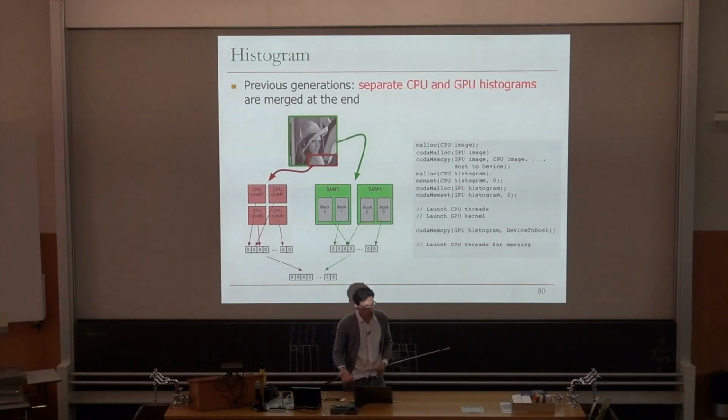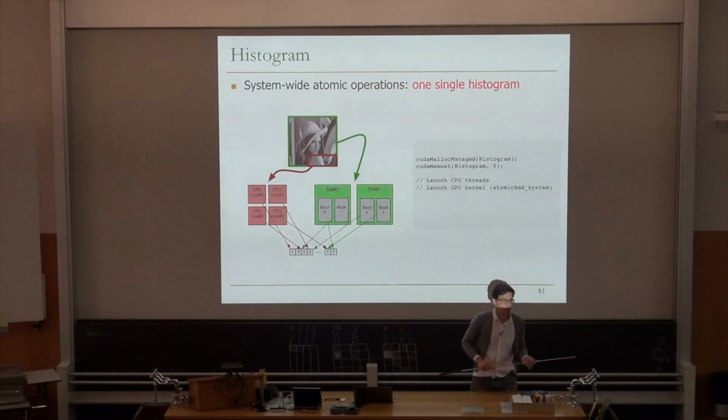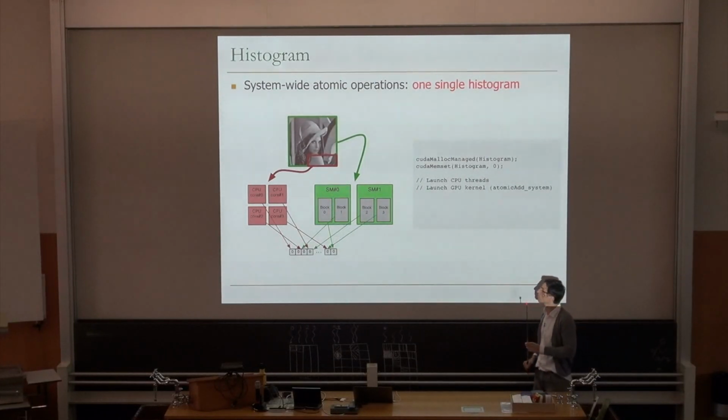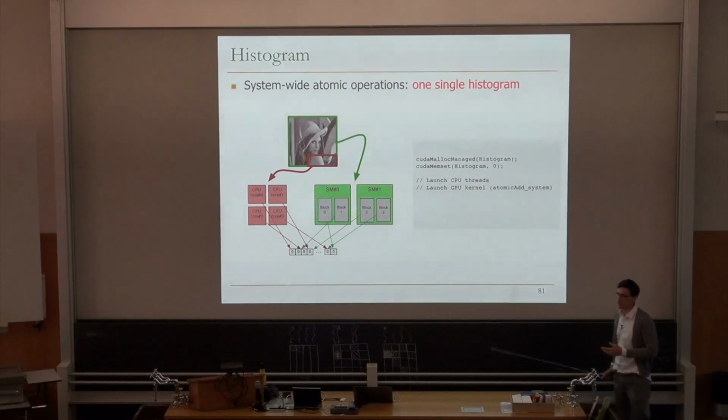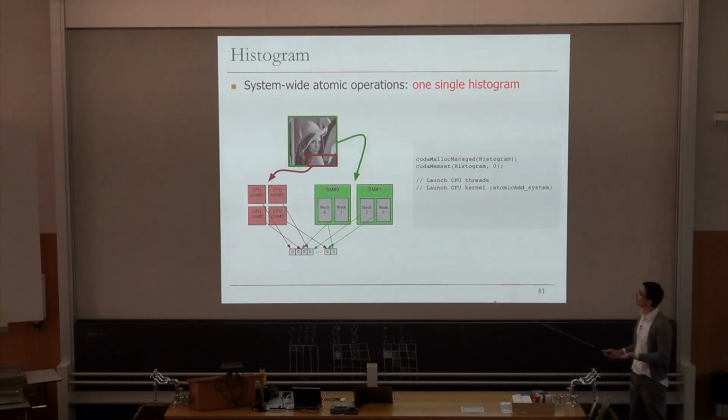This is something that we can do, but obviously it takes more programming effort, and this is just a toy example. For more complex algorithms and computation, the benefit in terms of programmability might be even higher.